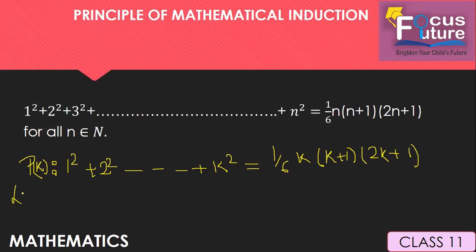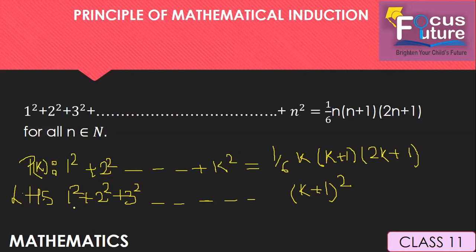Now for LHS, 1 square plus 2 square plus 3 square and so on till k plus 1 whole square.